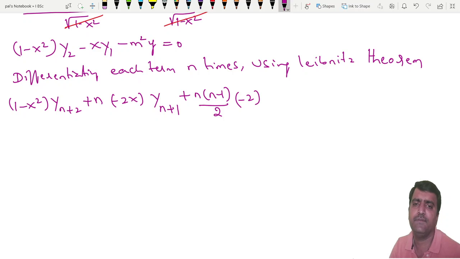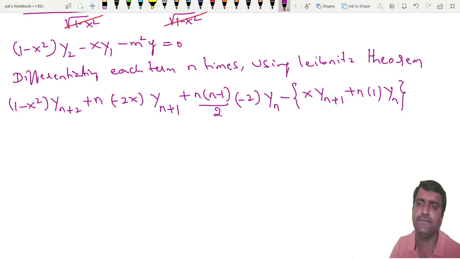So reduce a number from yn plus 1, it becomes yn. Similarly minus x y1 gives minus of x into yn plus 1. Next step, n into differentiation of x, that is 1, and reducing one number gives yn. So this is the nth differentiation of minus xy1.